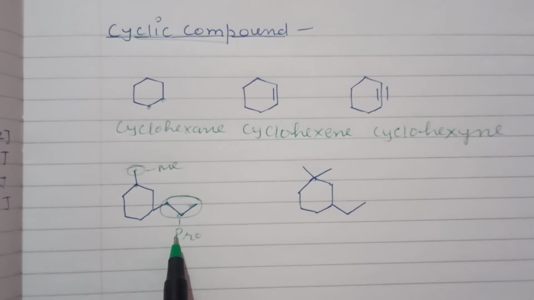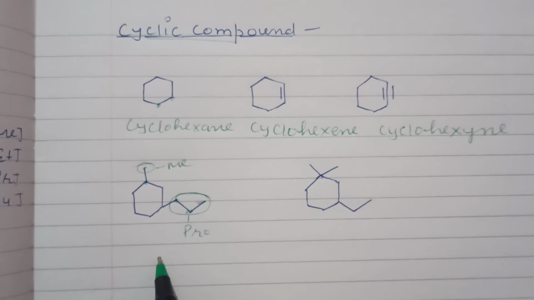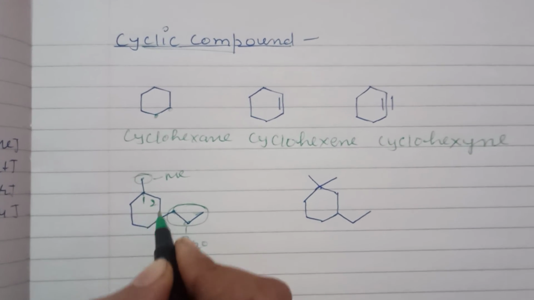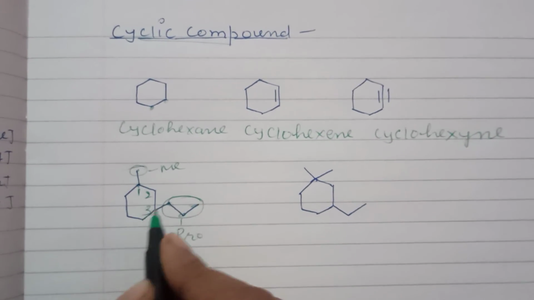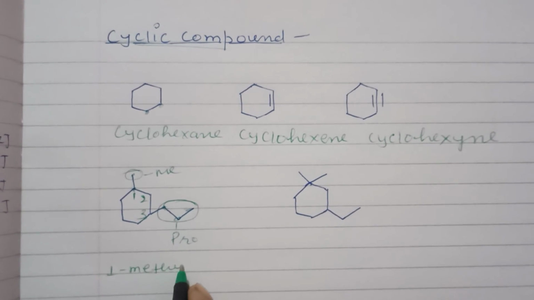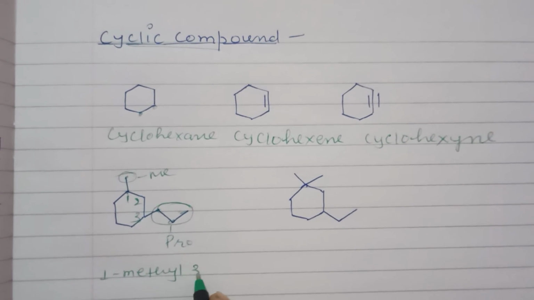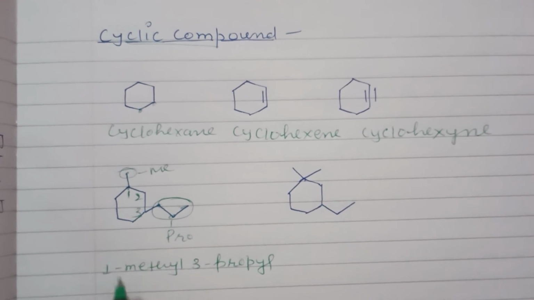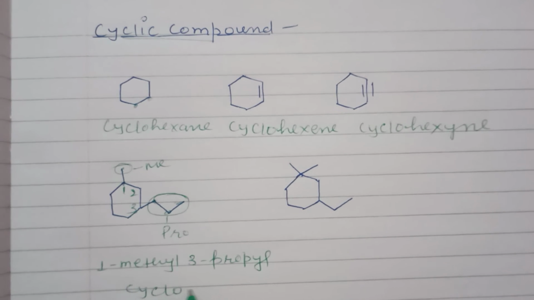M and P, which comes first in alphabetic order. M, so you will start from here, 1 2 3. So how you will name? 1 methyl, 3 propyl, cyclohexane.